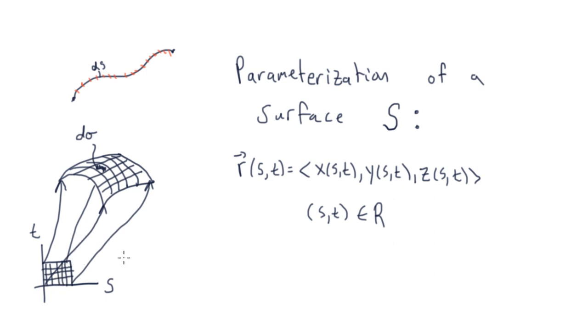So this is what our parameterization is doing, taking a small little square and stretching it out into space. And so fundamentally, we're going to be doing double integrals over this region, but somehow we're going to be composing with our parameterization.